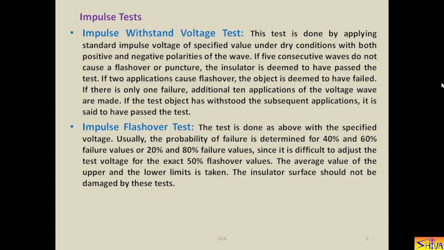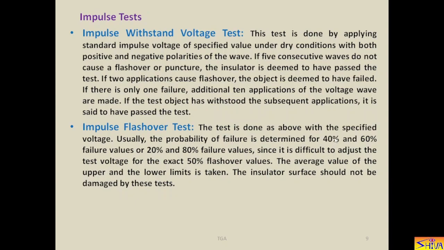Now in case of impulse flashover test, it is very difficult to adjust exactly the 50% impulse flashover voltage. Therefore, 2 alternatives are given, 40% and 60% or 20% and 80%. So two values are selected, one lower value say V1 and second upper value say V2.